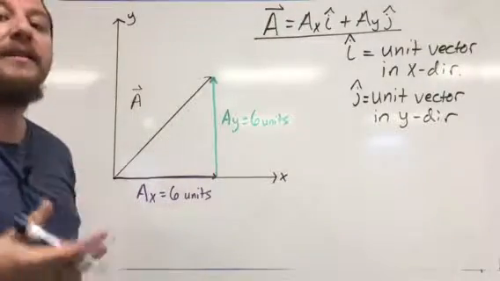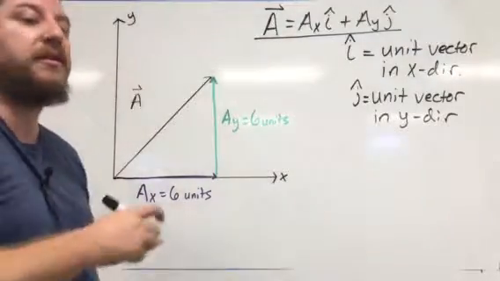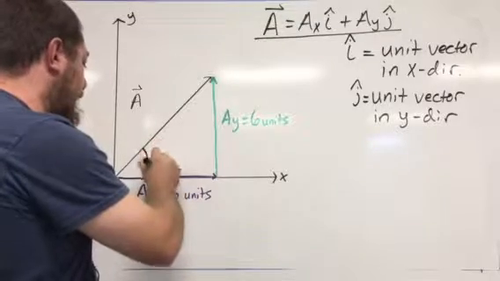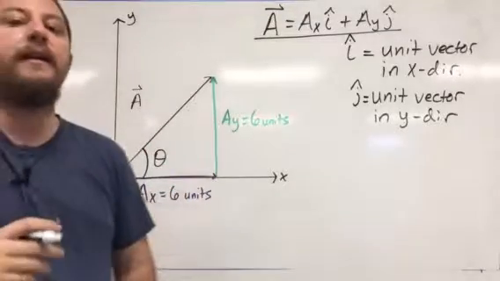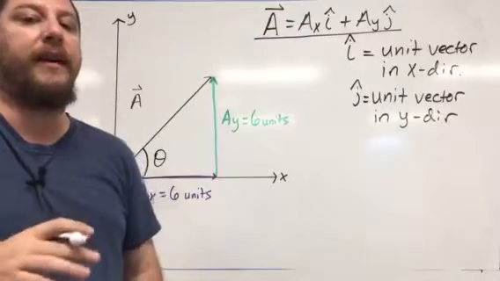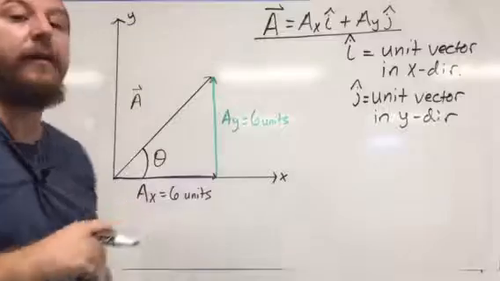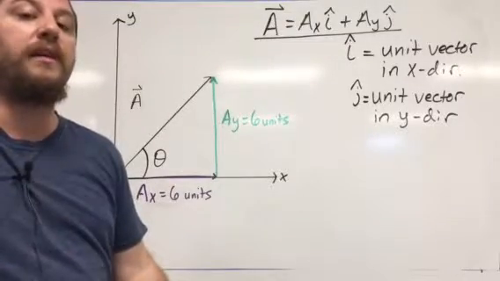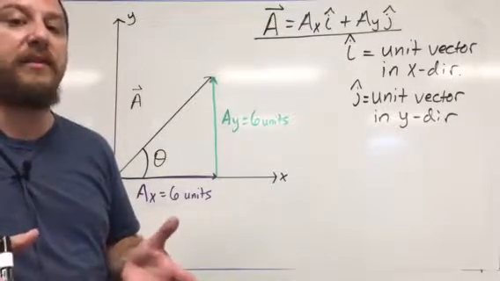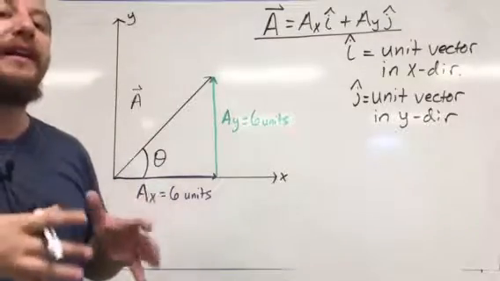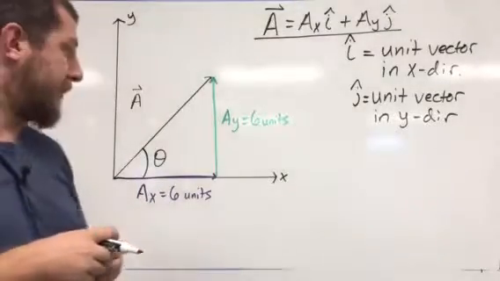And unless otherwise specified, the direction is going to be specified with respect to the x-axis. Our angle theta is going to be specified with respect to the x-axis. Once I know the magnitude of this vector and the angle that it makes with the x-axis, I know everything there is to know about this vector, okay? There is only one unique vector with those two characteristics.